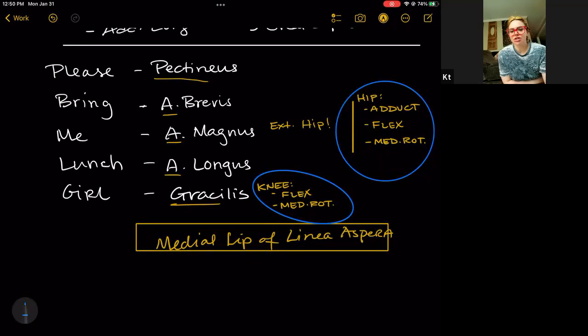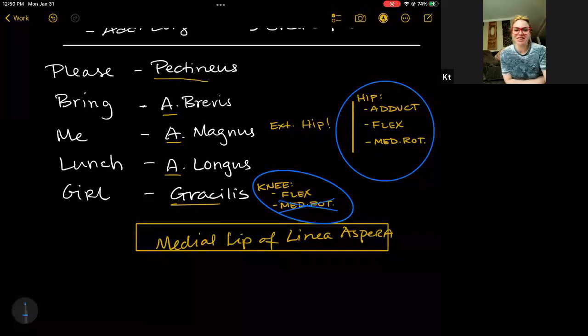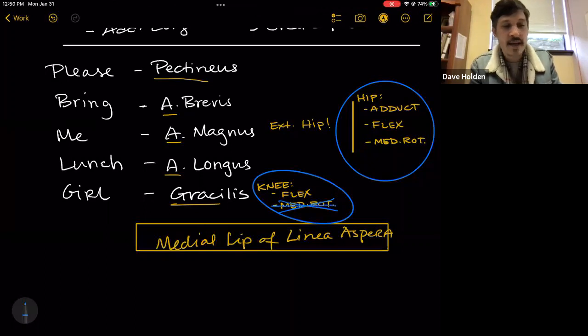Lateral rotation, well, you can't really laterally rotate a flexed knee. It doesn't really work out well, but we need to abduct our hip. We need to extend the hip.